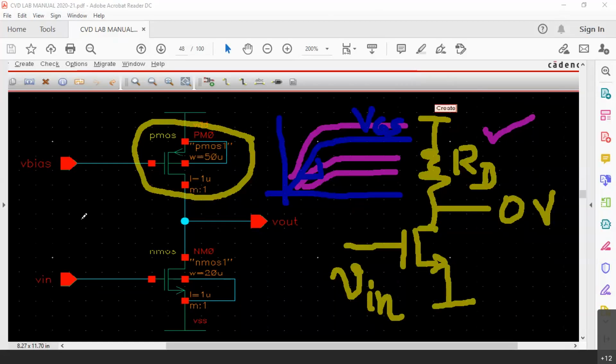Can anybody tell any other answer? Kuldeep says it is related to manufacturing. In what way? Yeah, it is related to manufacturing only to some extent. But exactly what?